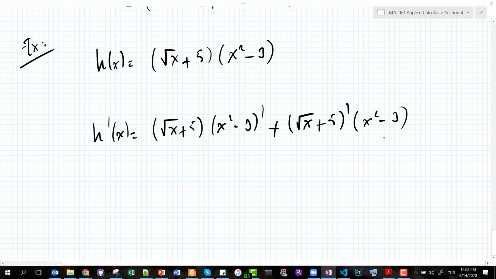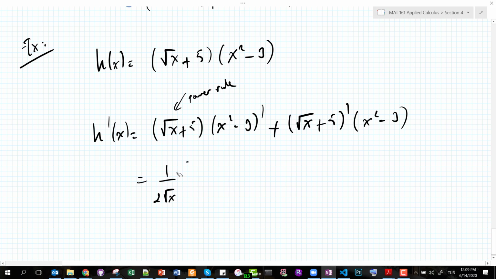So I kept the second one the same in this case. The derivative of the square root, just use the power rule again. It is going to be equal to 1 over 2 square root x. The derivative of 5 is just 0, since it is a constant.